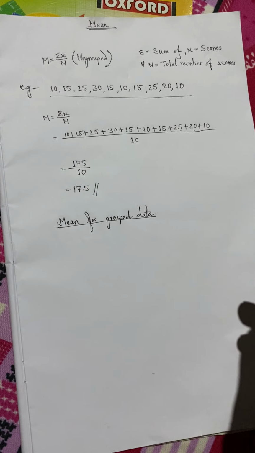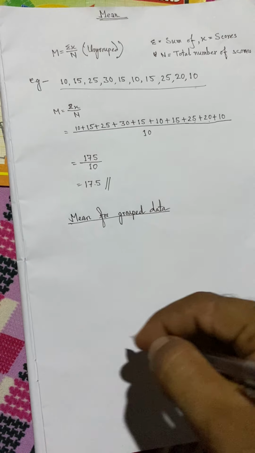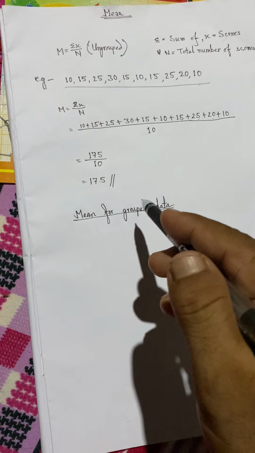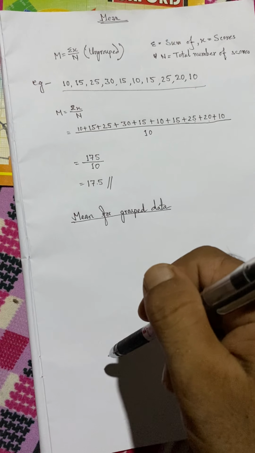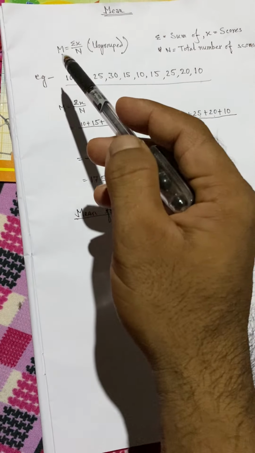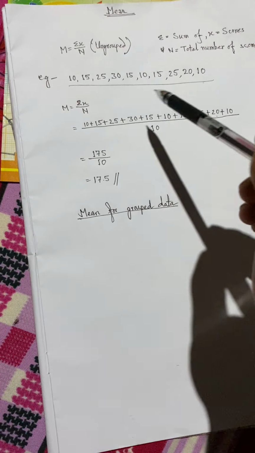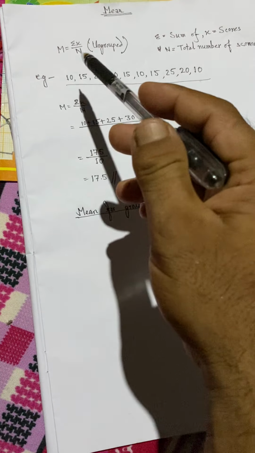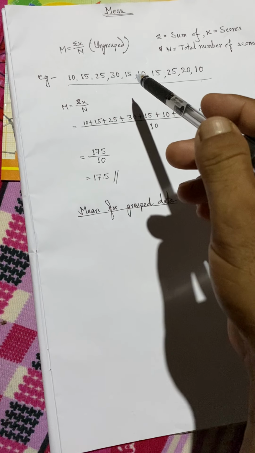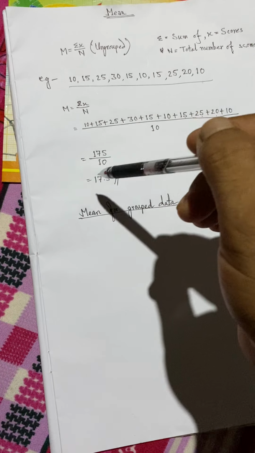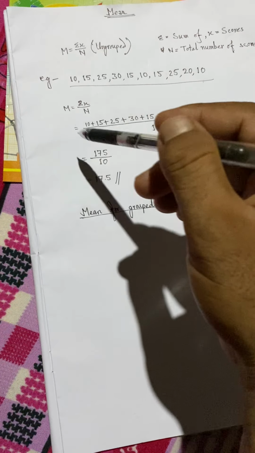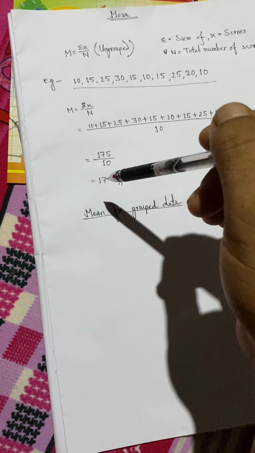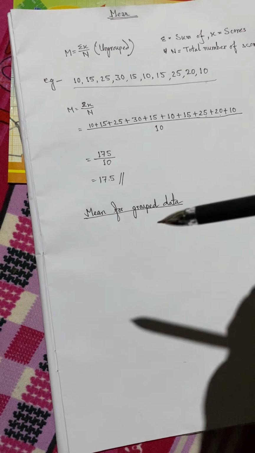When you have a frequency distribution table with class interval and frequency, you have to calculate mean by following the grouped method. Or when you get a large number of observations like 30, 40, 50, 60, 100, you have to make these raw scores into various groups, class interval and frequency. First you prepare a table, then from that table you calculate mean.